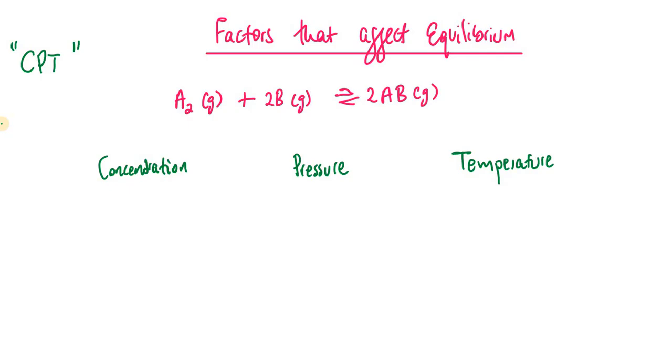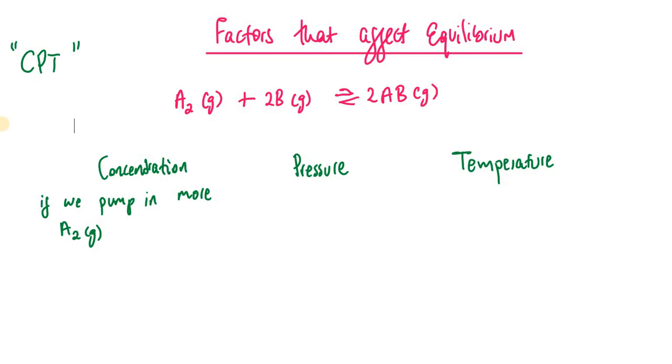Now what would happen if we pump in more A2 gas? It means we will have increased the concentration of A2. Remember, when you reach equilibrium, the concentration of the reactants is no more decreasing and it's not increasing. Same as the concentration of the products.